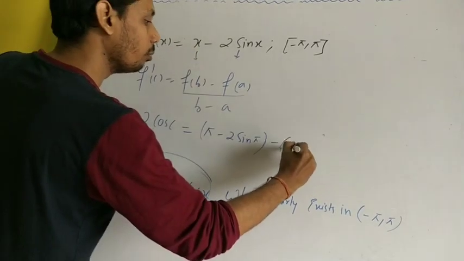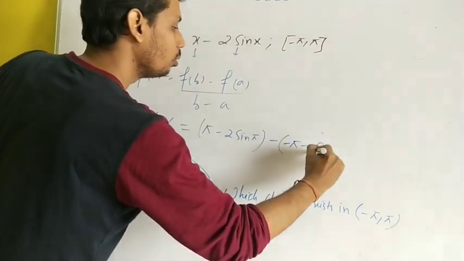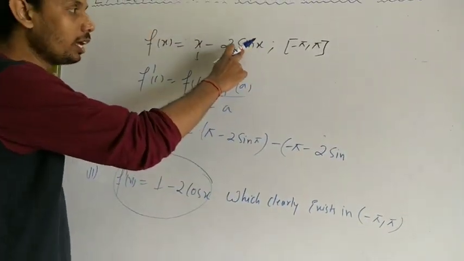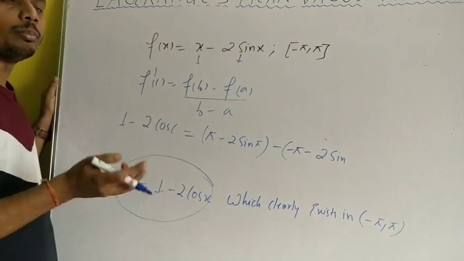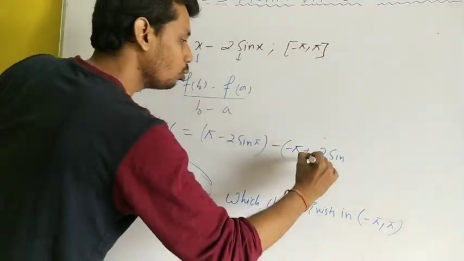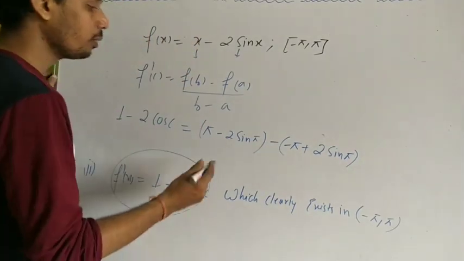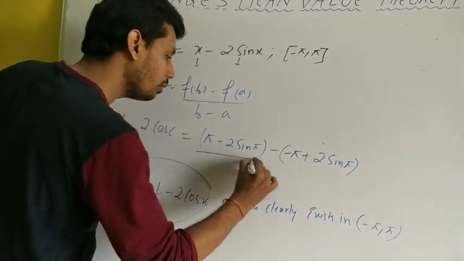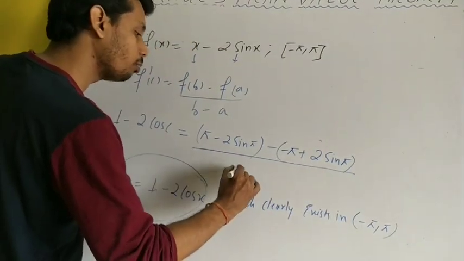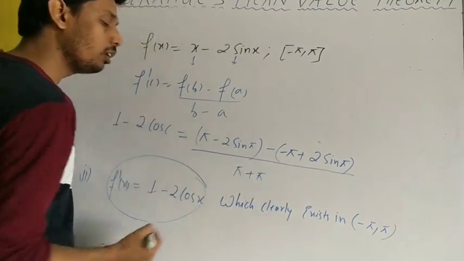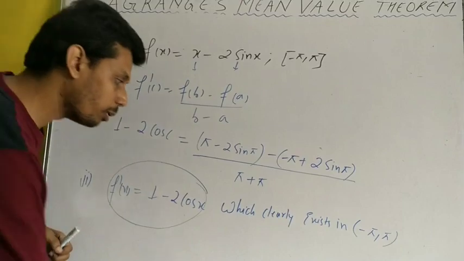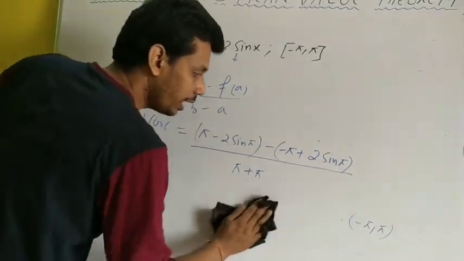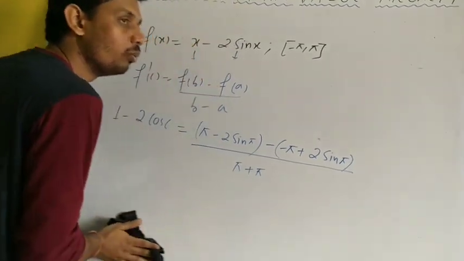So this is minus pi minus 2 sin, if we replace x by minus pi, sin of minus theta is equal to what? Minus sin theta, so this will be plus 2 sin pi. Then f(b) minus f(a) whole divided by b minus a, that is pi minus of minus pi, that will be equal to plus pi.